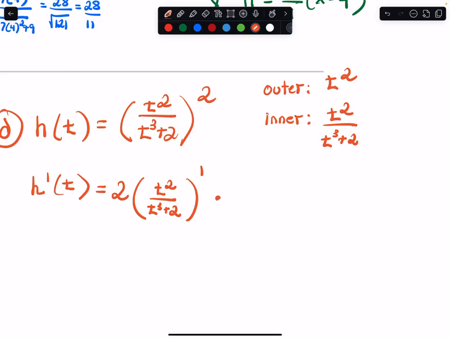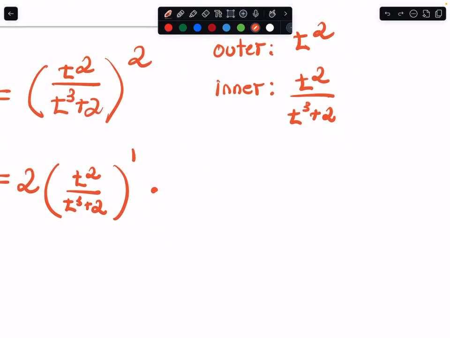Now you have to multiply by the derivative of the inner function, which is a quotient and requires the quotient rule. Taking derivatives can be kind of a messy process depending on what you're dealing with. So I'm going to put a nice big fraction bar here because now I'm using the quotient rule.